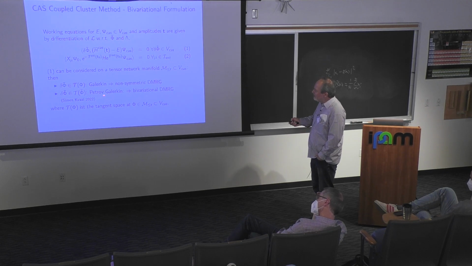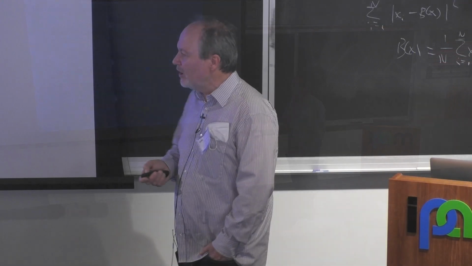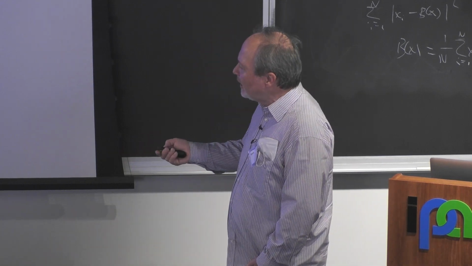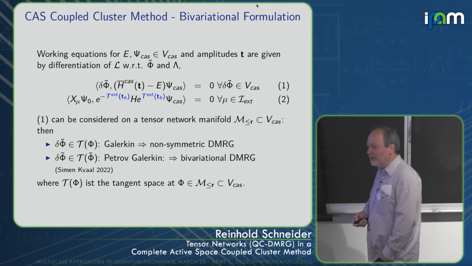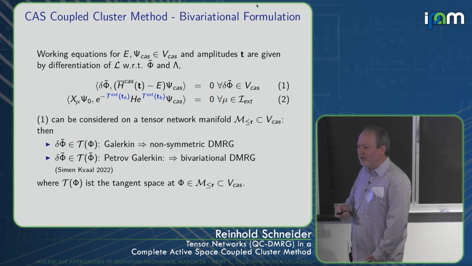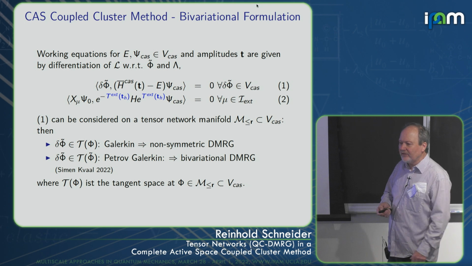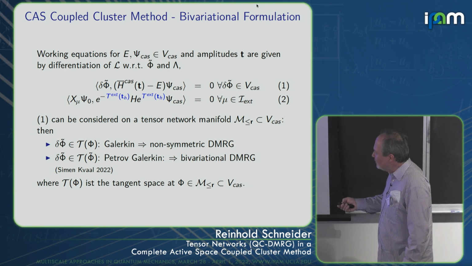Zeeman favors this one, and Zeeman already has an analysis which includes this flip gradient, and that supports this scheme. I think Garnet Chan already has a paper about non-symmetric, or non-Hermitian, Hamiltonians, and I think he used this one. When we do DMRG for non-symmetric operators, we usually use this one. So that's a new idea.